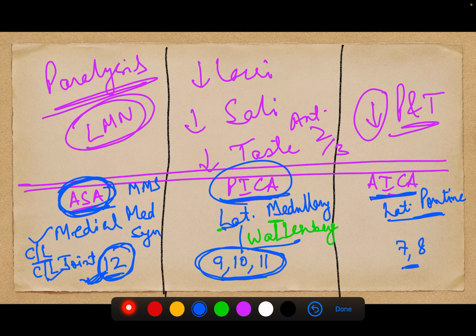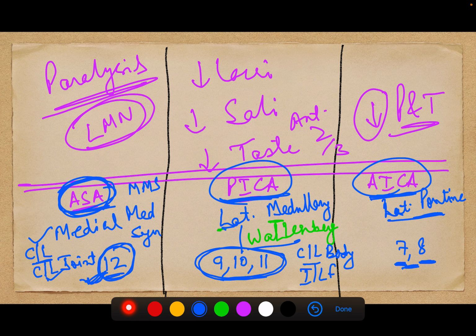In PICA, 9th, 10th, and 11th, there will be dysphagia and hoarseness. What other symptom will be there? There will be loss of pain and temperature in the contralateral body and ipsilateral face. In AICA, you just focus on the symptoms regarding the facial nerve, and sensorineural deafness.